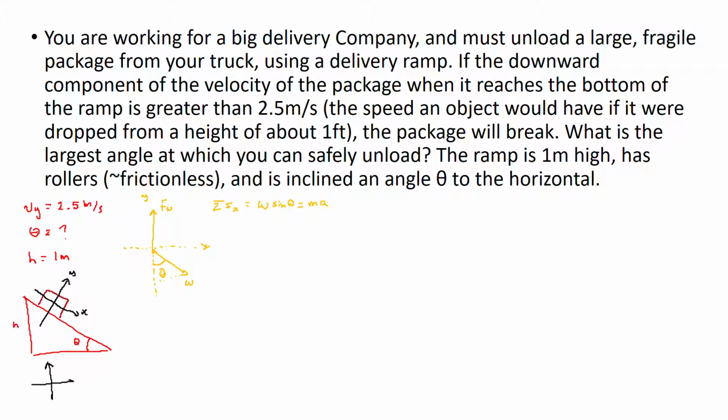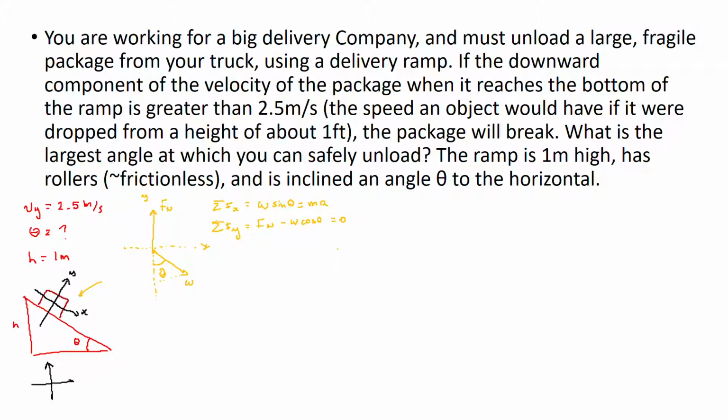Now for y, we do the sum of all the forces, and up we have the normal force, and the weight's going to go down, so it's going to be weight cosine of theta. And if it's sliding down in this axis that we just drew here, the movement in y is going to be 0.